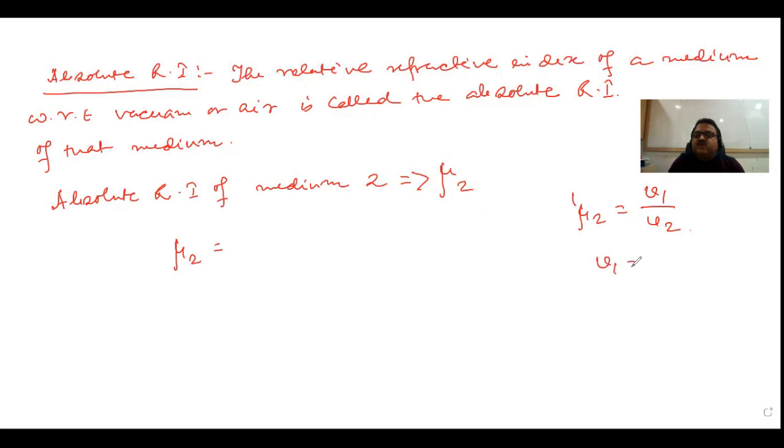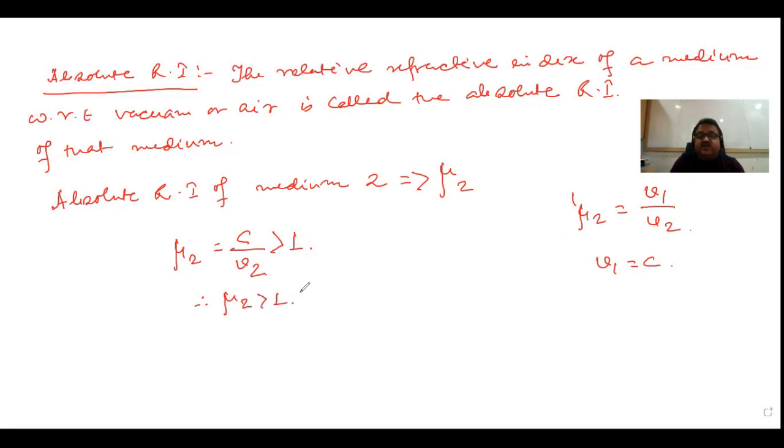We replace this V1 by the speed of light in vacuum or air, that is C. And if I assume the absolute speed of the light in medium 2 is, for example, V2, correct? So we should write it like this. And we know the speed of light is maximum in vacuum or air. So C is always greater than V2. Since C is always greater than V2, this ratio is always greater than 1. So mu 2 is always greater than 1.